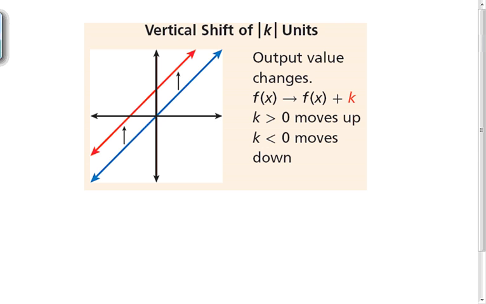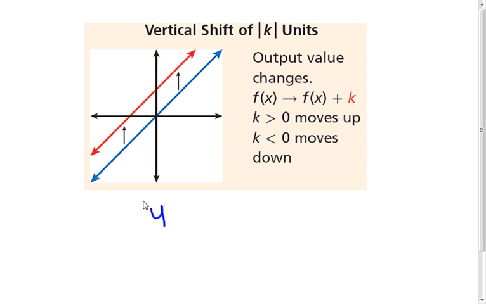Vertical shift, k units, the output value changes, so you're moving up or down. So the output value, that's the y, so this is changing that vertical shift. We'll move it up a corresponding number of units.